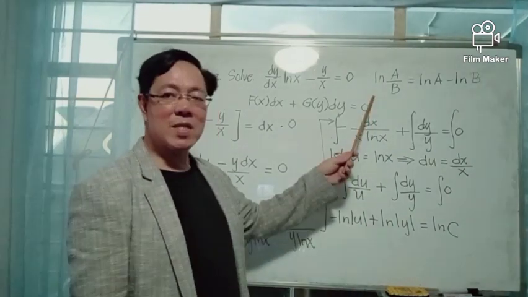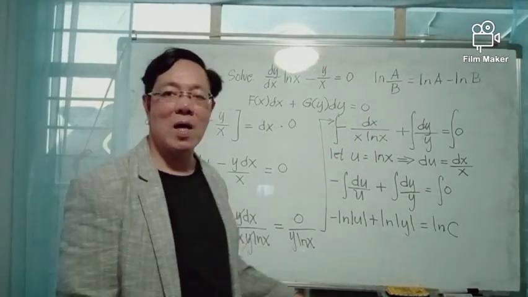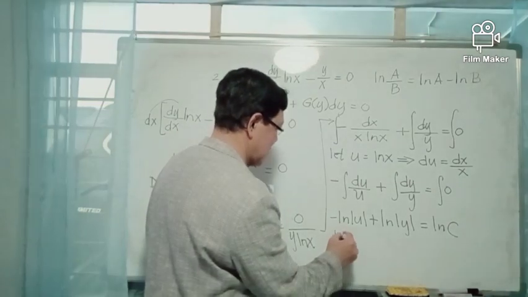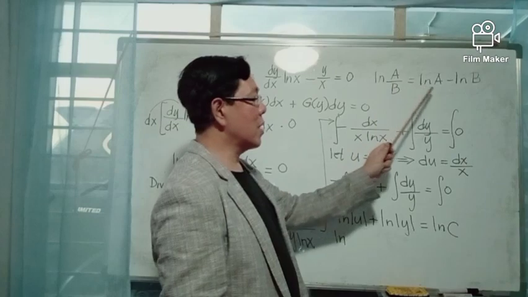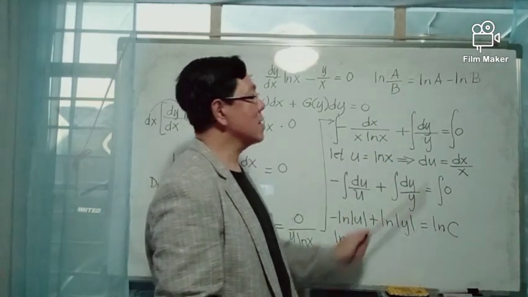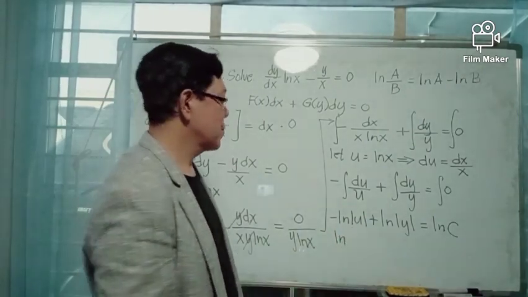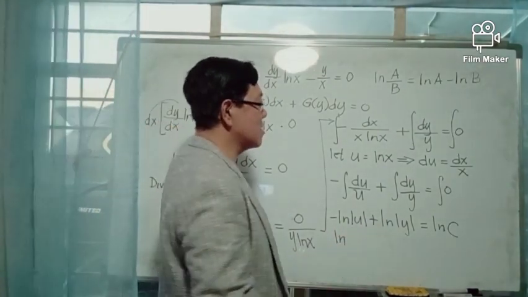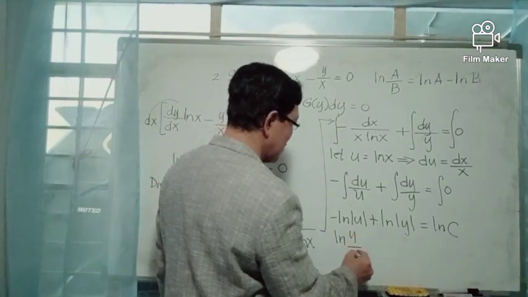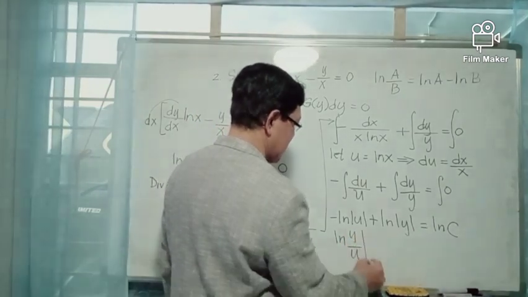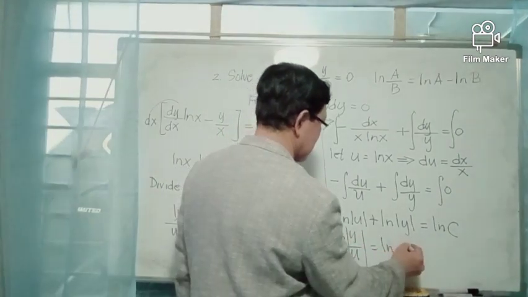So by this property, the left-hand side now is equal to ln of y minus ln of u; your a now is y, your b is u. The left-hand side is equal to ln of the absolute value of y over u equals ln of the absolute value of c.